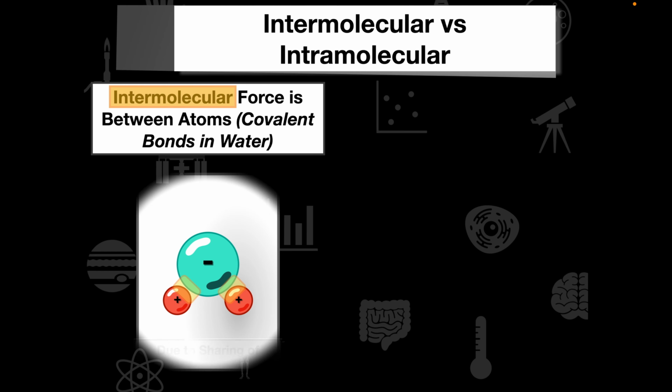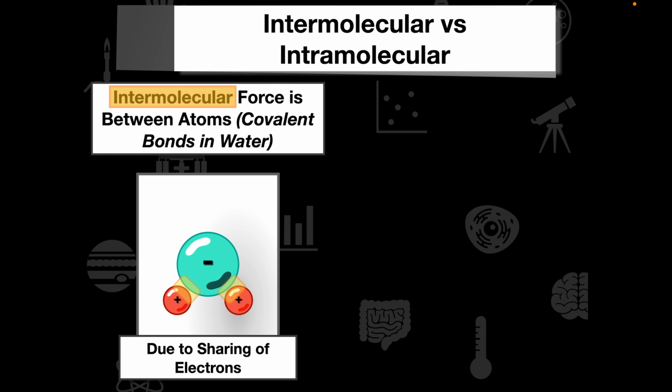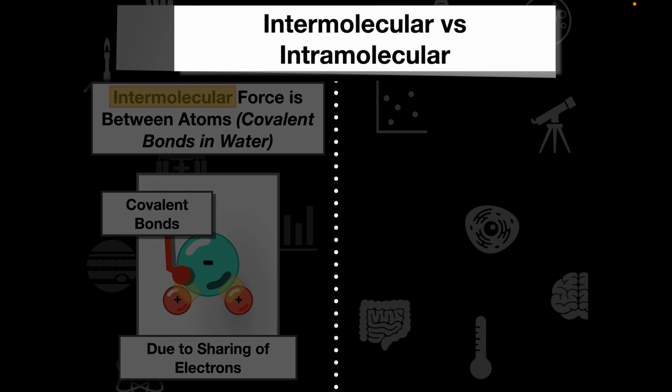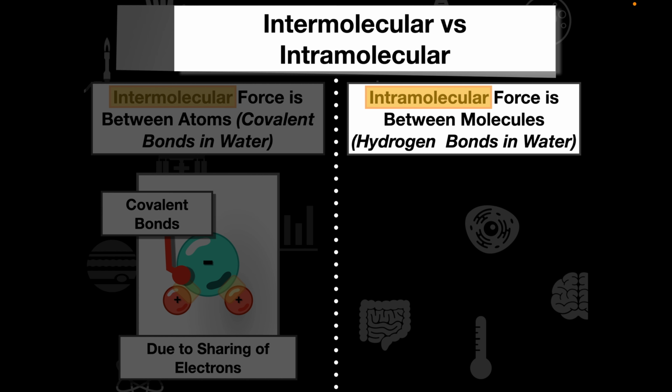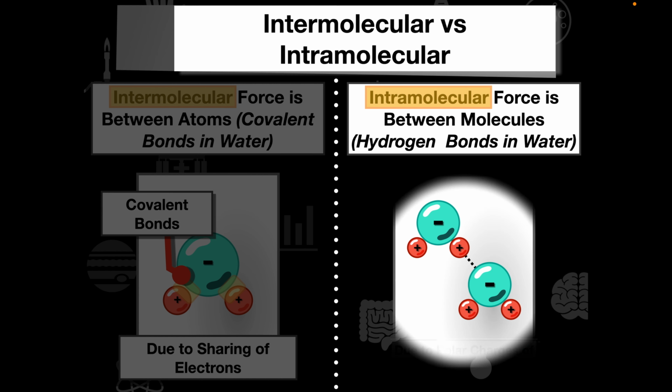Now, an intramolecular force is going to form between the atoms. What we can see here is the covalent bond is what's causing the uneven charges, but again, it's because of the sharing of electrons. It's crucial that we understand this. Intermolecular forces are between the water molecules.